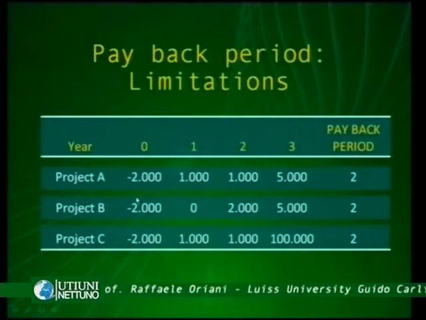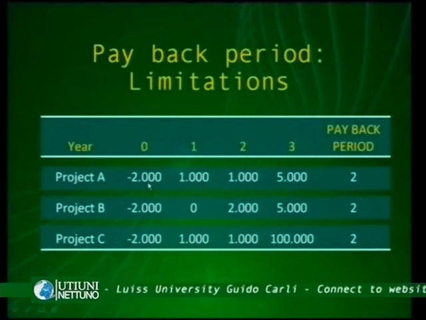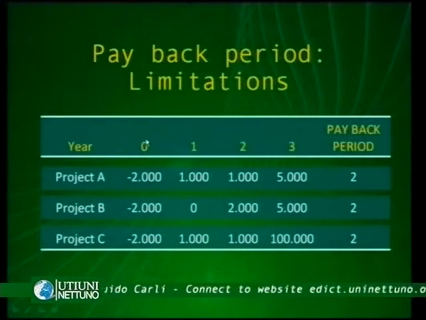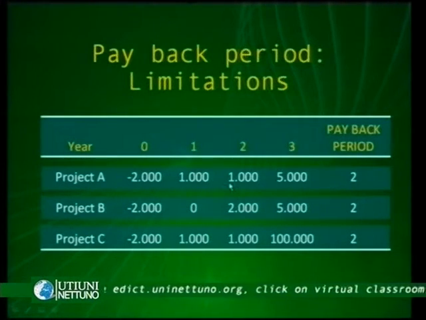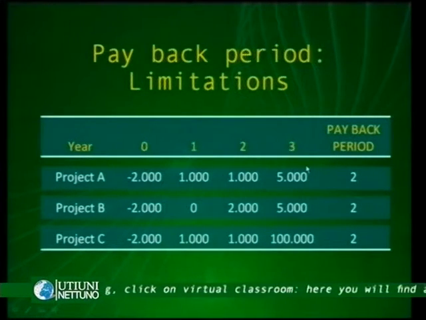All the 3 projects require the same initial investment at time 0, that is minus 2,000 for the 3 projects. But then they produce different cash flows during their life. Project A has an inflow of 1,000 in year 1, an inflow of 1,000 in year 2, and an inflow of 5,000 in year 3.